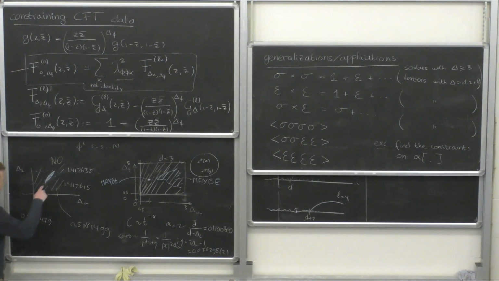We believe that there exists a solution, this is not just a maybe, there's a yes in there. That's one point, that's the three-dimensional Ising model. We cannot find it, and you can ask if this point is part of a bigger region or not. Is the solution to crossing for 3D Ising isolated or not?